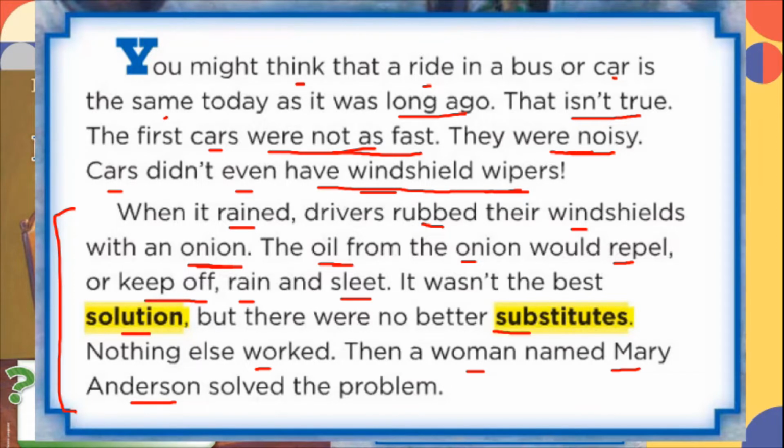It wasn't the best solution. It means for this problem, the onion oil wasn't the best answer, but there were no better substitutes. It means there were no other things that could do the same job or take the place of the onion oil. Let's see what will happen next.